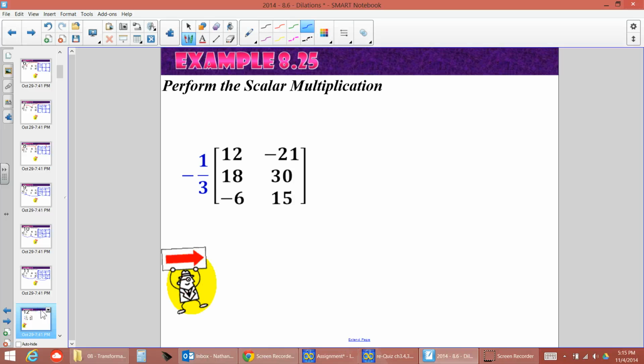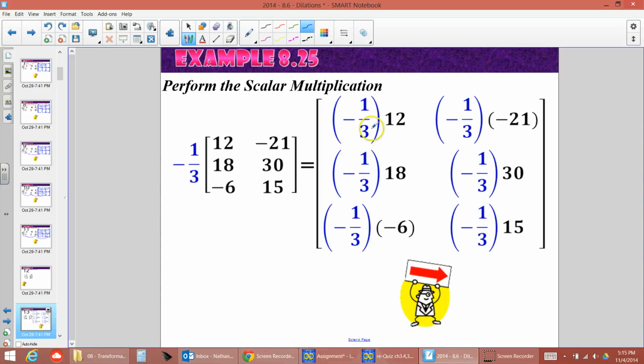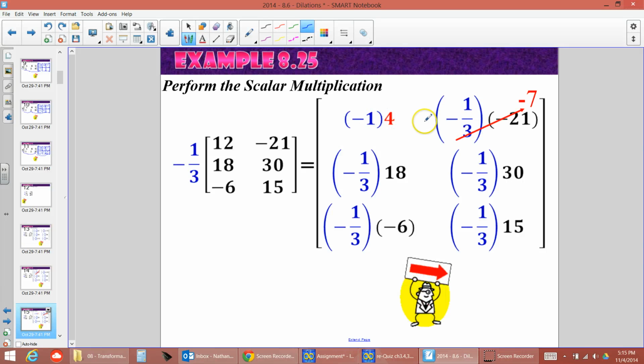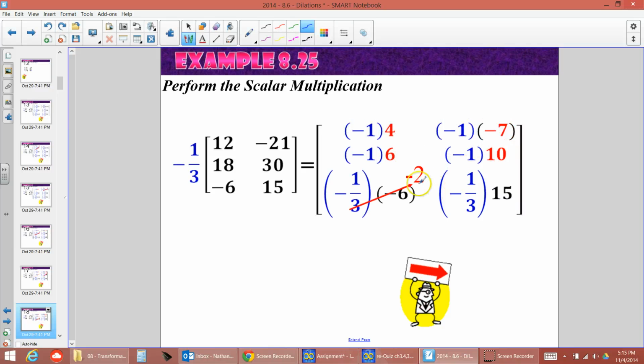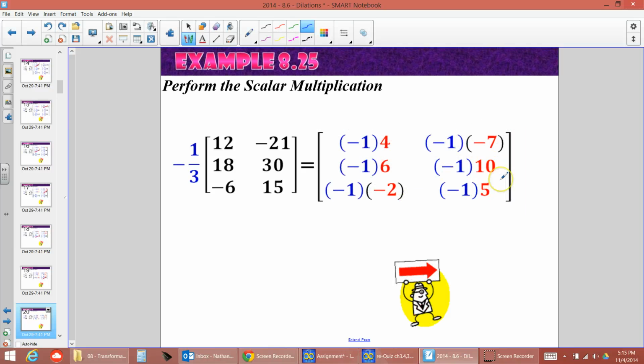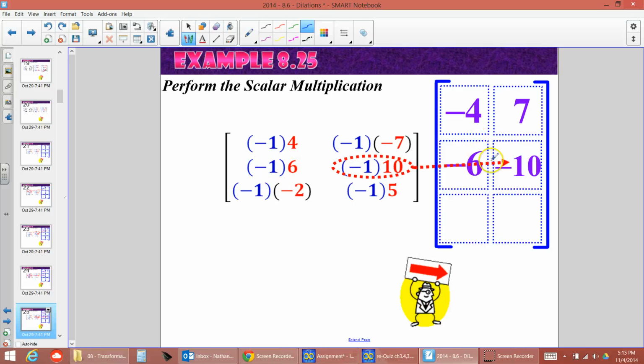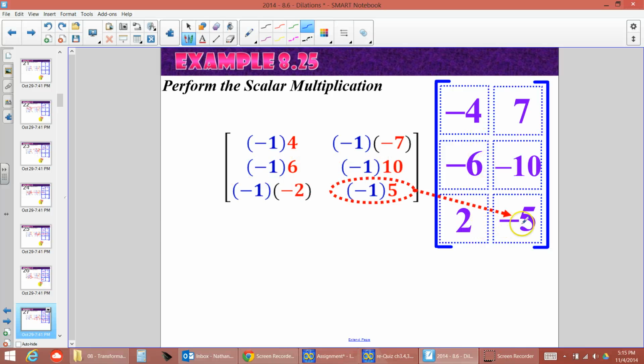So if I divide each one of these by 3, one at a time, 12 divided by 3, 18 divided by 3, and now I'm going to multiply each of them by -1. And I end up with -4, 7, -6, -10, 2, 5. However you do your multiplication of fractions is up to you. But regardless, we need to know how to multiply 1/3 times any number we want.